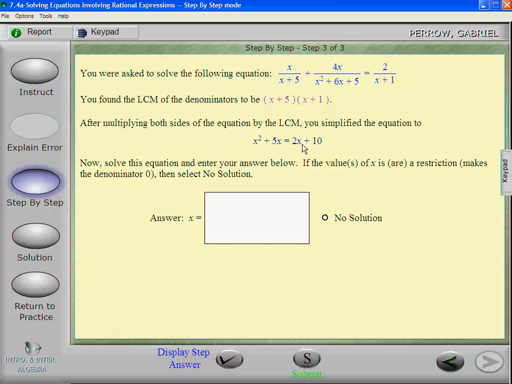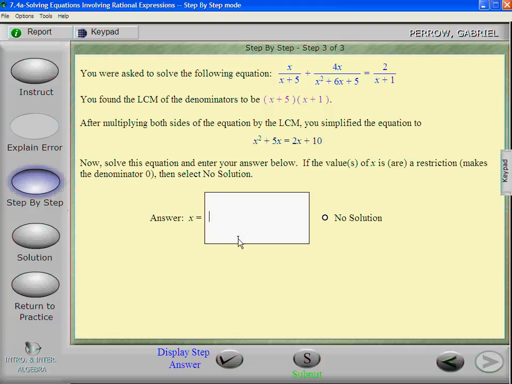If I were to subtract 2x from both sides, I would be subtracting 2x over here as well, and I'd have a 3x. I subtract 10 from both sides, I'm going to have a minus 10 over on the left. So with the x squared plus 3x minus 10, you're going to end up with factors of x plus 5 and x minus 2.